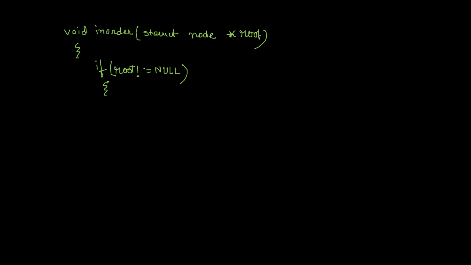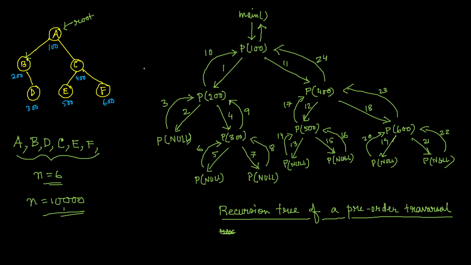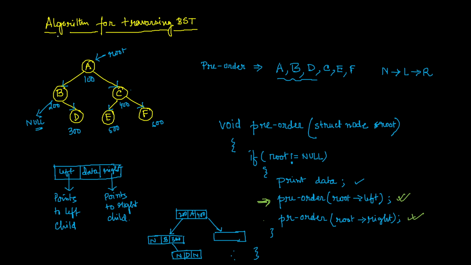Now, what is the difference in case of in-order? In case of in-order, it says that you don't need to print this A, rather you go left, print that one, and then come back and print this A. Something like this. But ultimately, the calling and returning strategy remains the same, because it only says what the position of N is, but L and R remain the same, right?